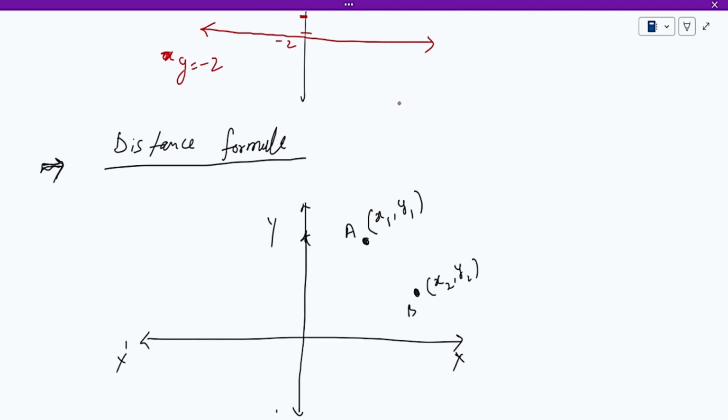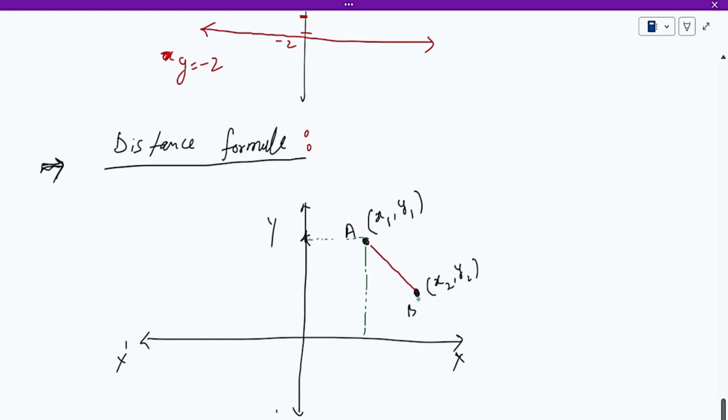We want to find the distance between these 2 points. How can we come up with the formula? You have to understand the idea of right angle triangles, right? As we have prior information about the coordinates, the coordinate of A means its distance from the x axis, which is nothing but y1, and this is x1.